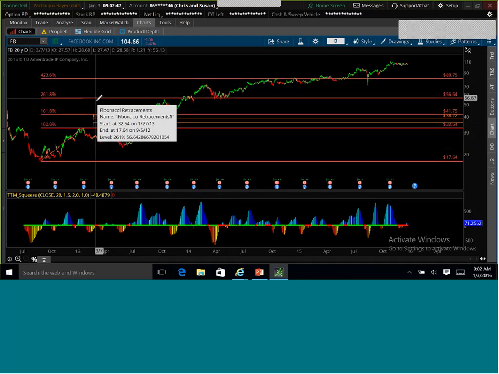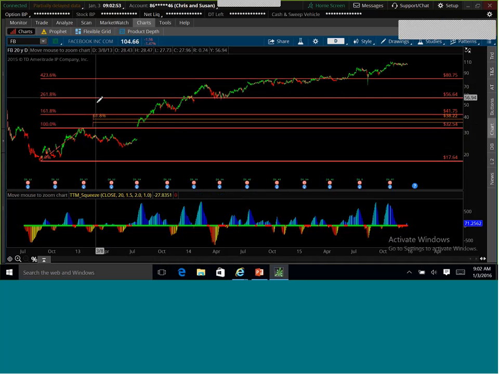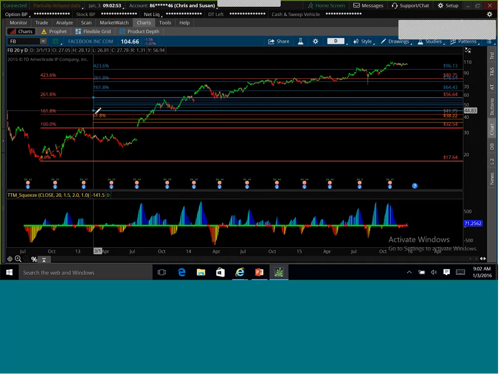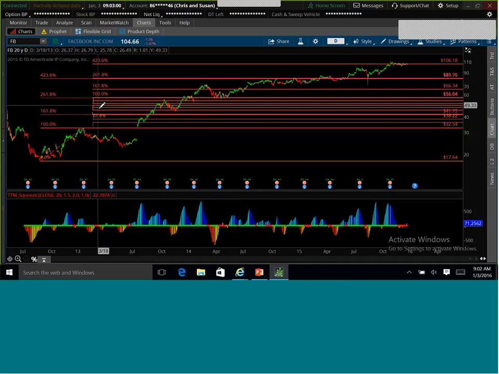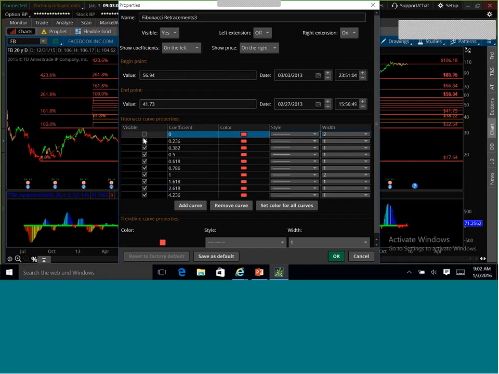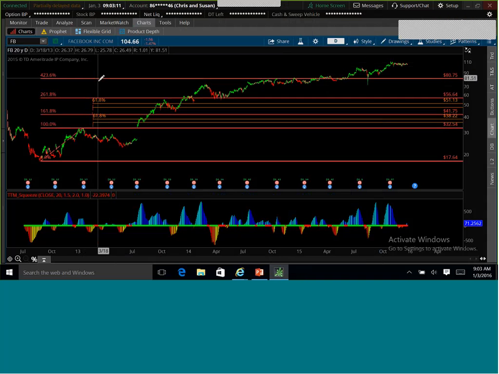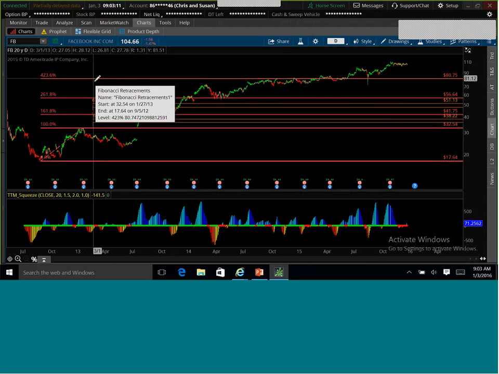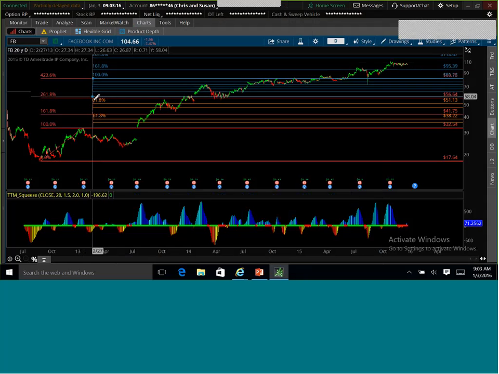Okay, now we're going to divide the 261 and the 161 with another fib tool. Again, make those orange. And finally, the same thing for the 423 down to the 261.